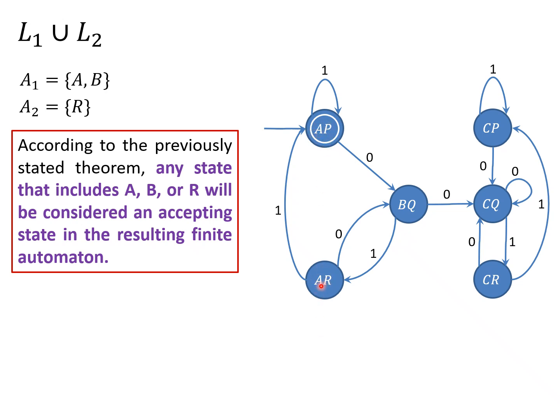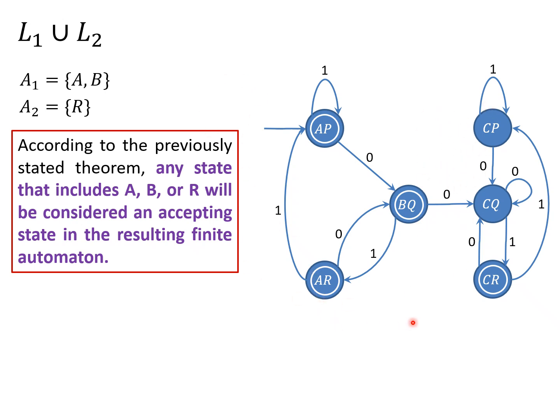Then A is included with R. That is also a final state. B is included, B is a final state, part of Q. Then that is also a final state. Then CR also is a final state, right? Why? R is included in C. So the rest of them are non-final states.